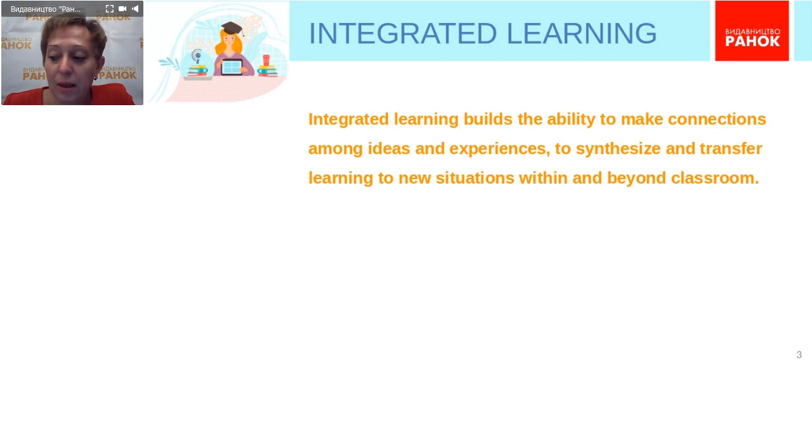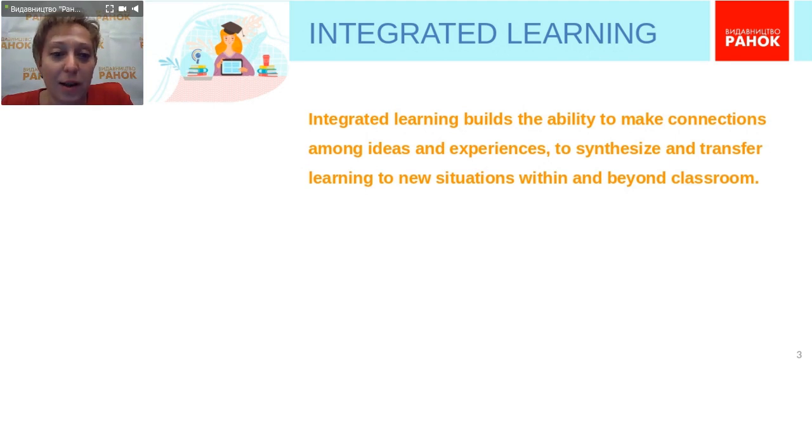Well, if you understand these definitions or you do not understand them, I strongly believe that you are in touch with integrated learning, because the lessons of English are really very favorable for using the integrated learning approach.